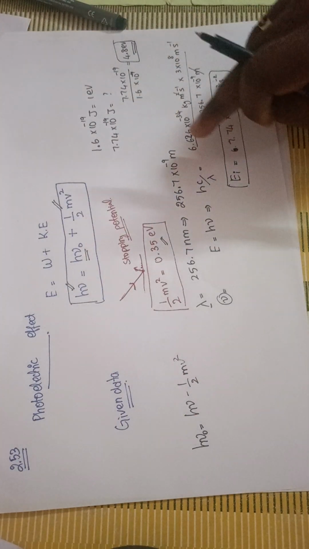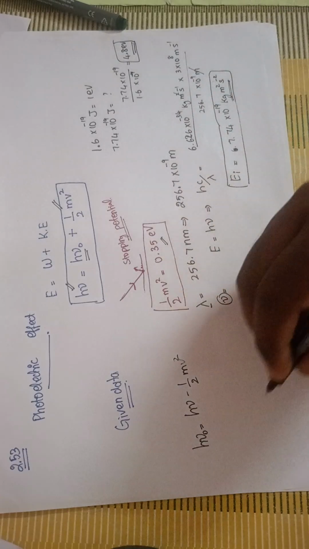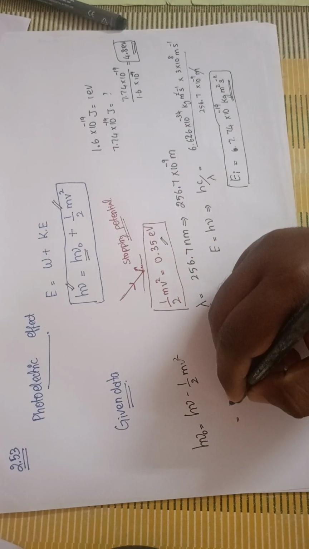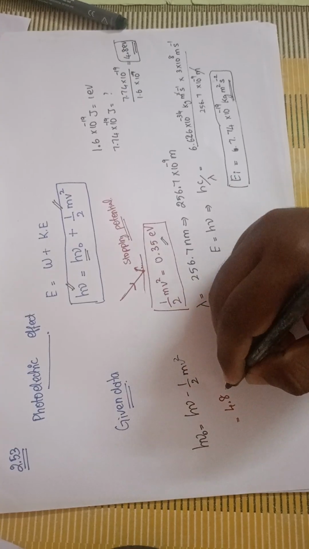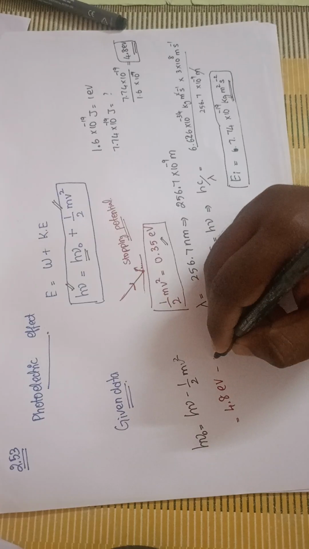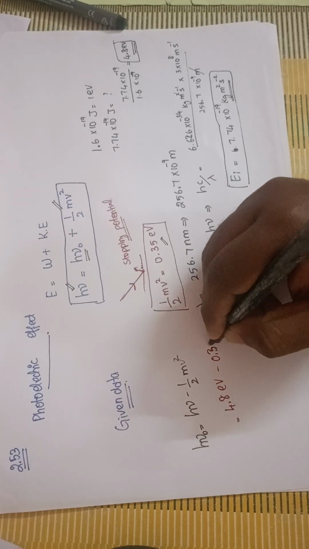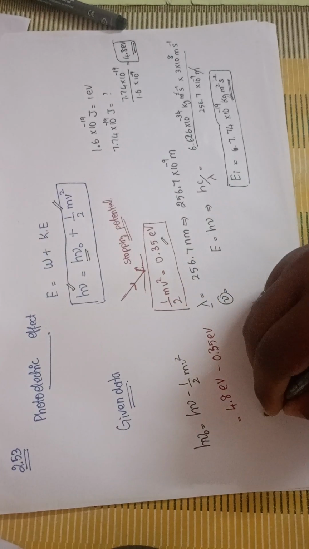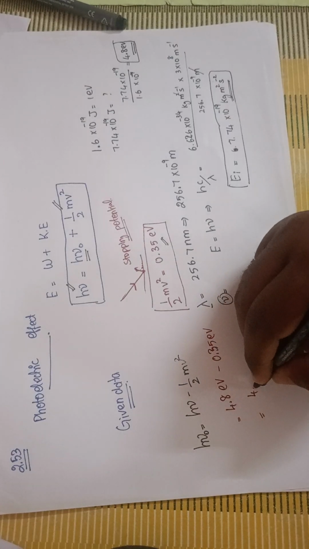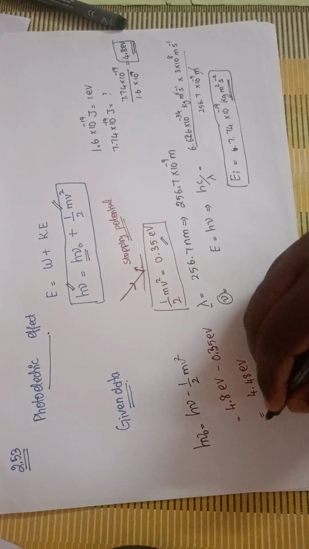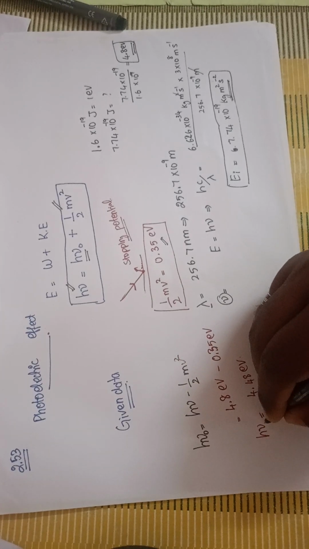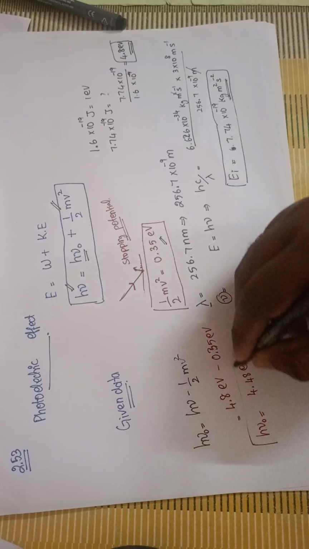So you should calculate this. இங்கே நான் directஆக கொடுத்துட்ட answer-ஐ நீங்கள் calculate பண்ணி போடுங்க. So h mu value is 4.8 electron volt minus 0.35 electron volt, which will be equal to 4.48 electron volt. So இதுதான் work function.